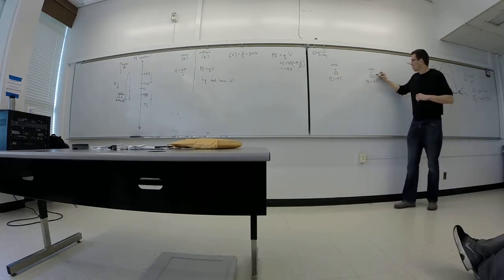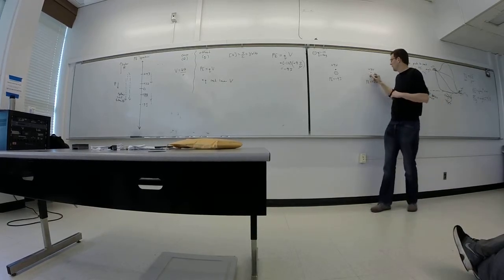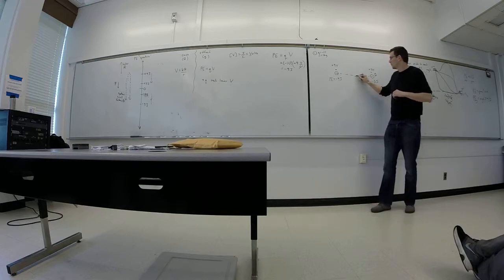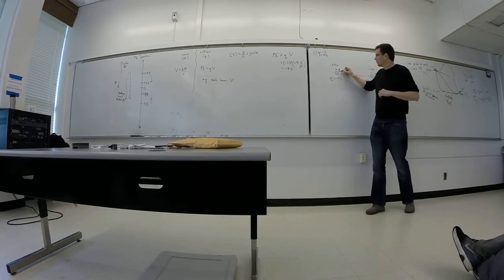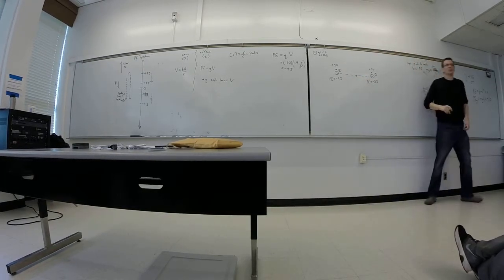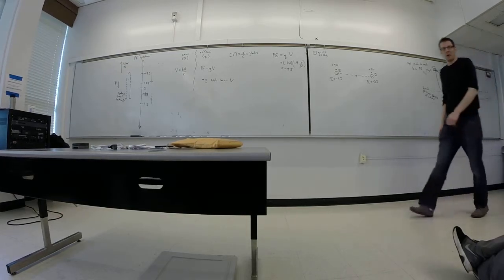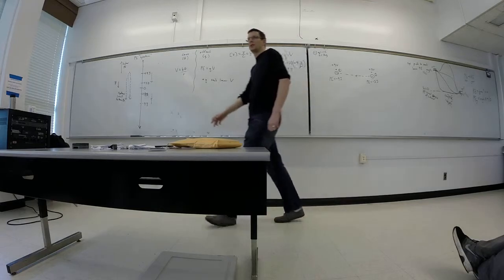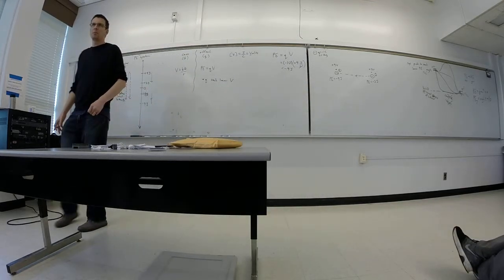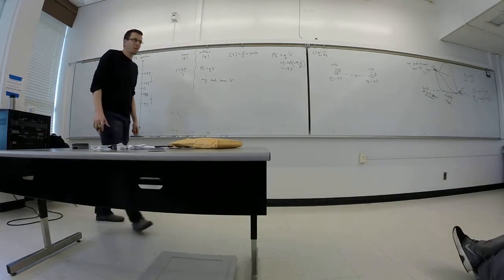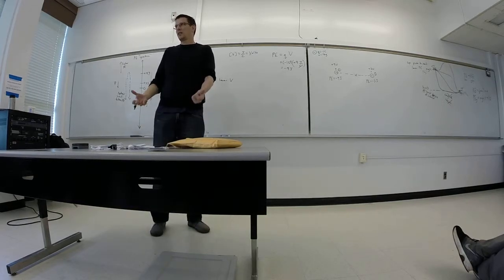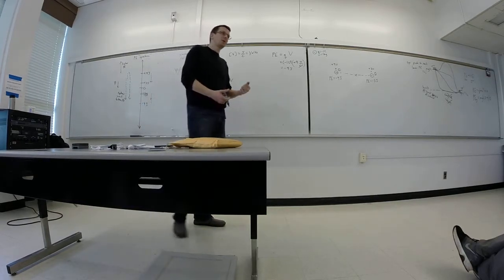So I'm going to call this the initial point, and I'm going to let it go over here, and this will be my final point. So I want to point out that it's exactly the same spatial region with the same voltage values that I had before, but now because I put a negative charge into that region instead of a positive, the natural tendency of that negative charge is to go the other way.